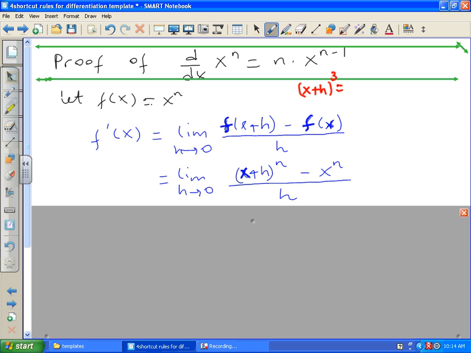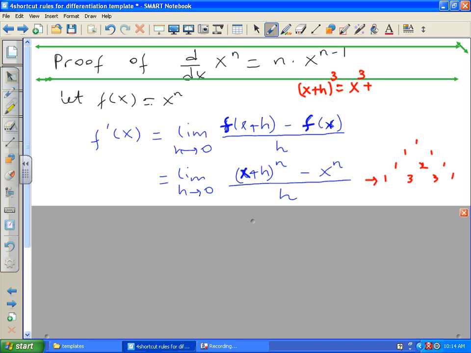The first term is what? X to the third, right? What is the next term? Some of you will remember Pascal's triangle, to get the coefficients from there. Pascal's triangle was something like this: 1, 1, 1, 1, 2, 1. You keep adding the previous rows: 1, 3, 3, 1. So to do x plus h to the third, you have to follow this row, 1, 3, 3, 1, as the coefficients.